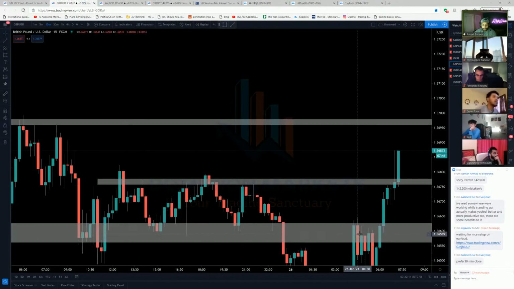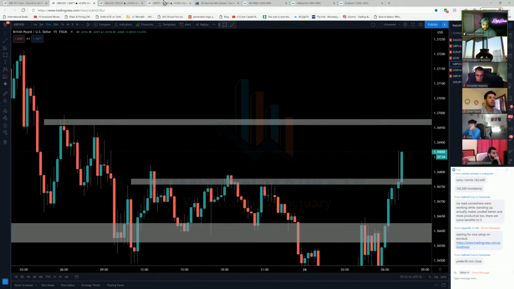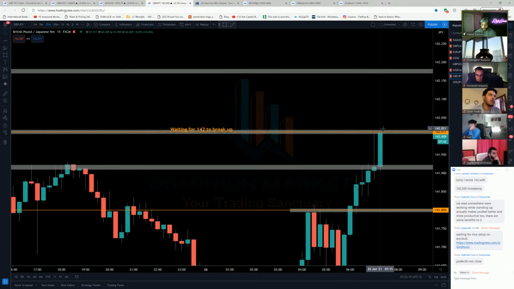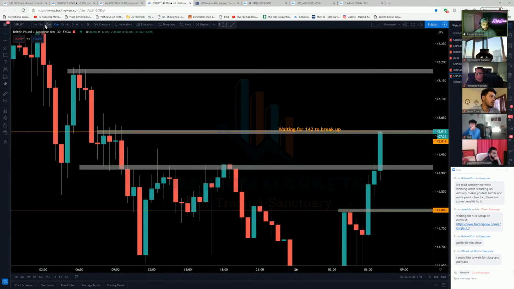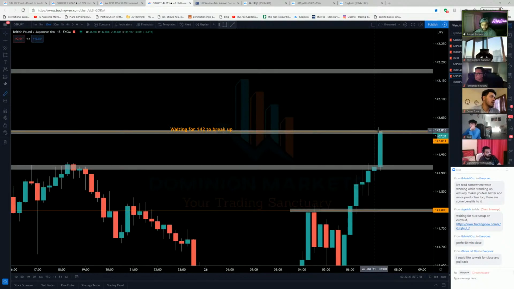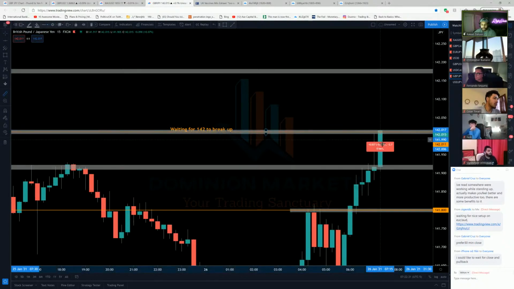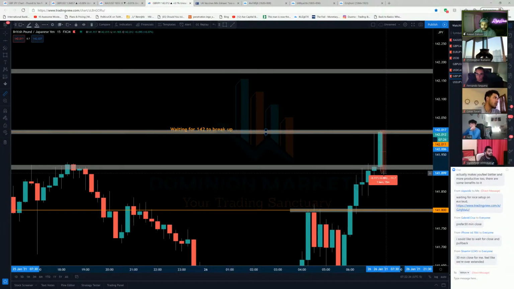Looks like pound USD is going to continue up in this range over here. Really don't want to miss out on pound yen. 7 minutes left for this candle to close. Look at the 1 hour time frame. We're moving bullish. See, this is the thing. If I enter over here, I risk all this area. Had a winning trade yesterday.